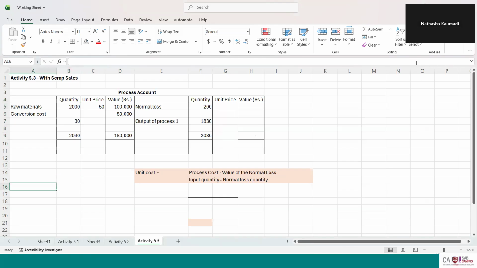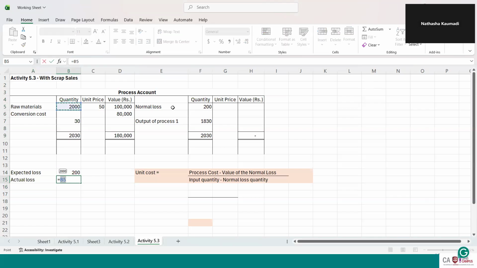What is this? See, just to do a small working, what is your expected loss? Expected loss means the normal loss. 200 kilograms you expected to be the loss. What is your actual loss? How can you calculate the actual loss? That means you were putting in 2000 kilograms, but at the end of the day, you received 1830 kilograms.